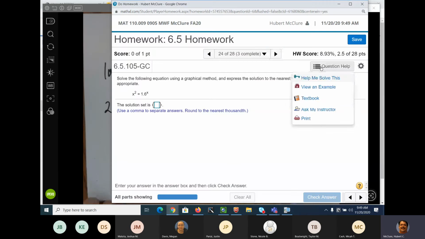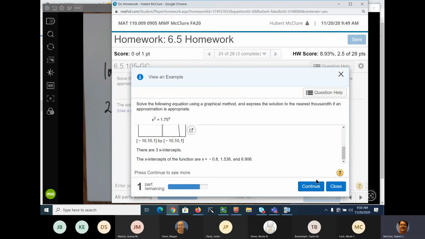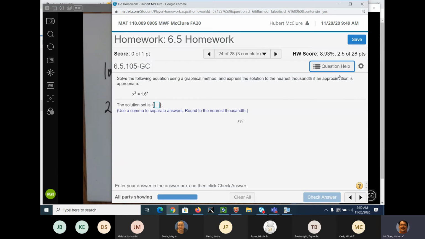Let's see if they take the log of both sides. No, they just set it equal to 0. Okay, that was my next thing that we were going to do. And this graph, they're just graphing it. They're not going to solve it. Oh, I didn't see that. I'm still looking for one.